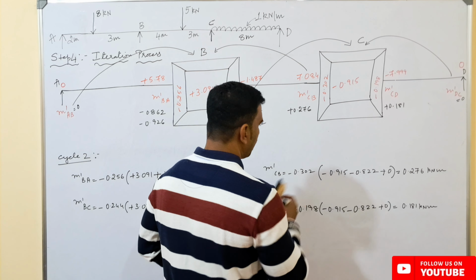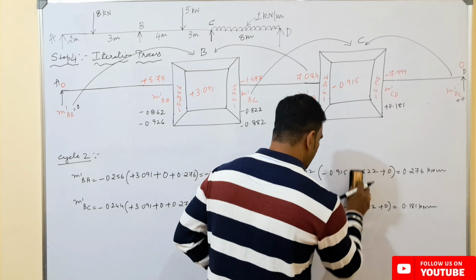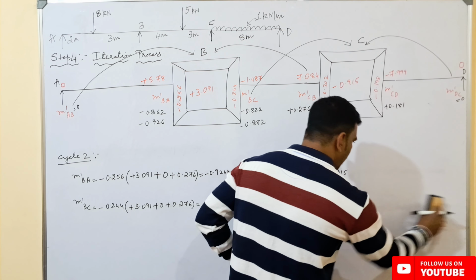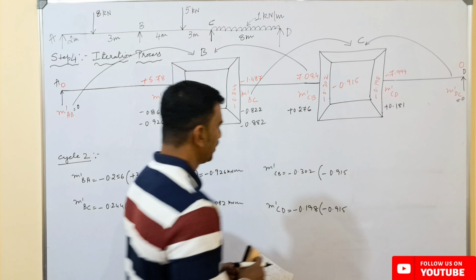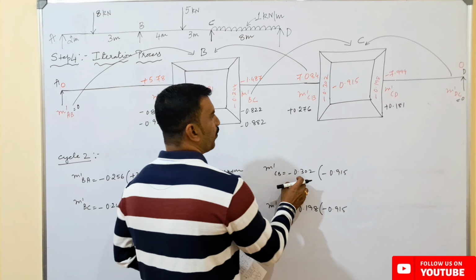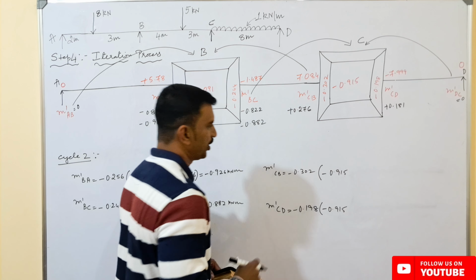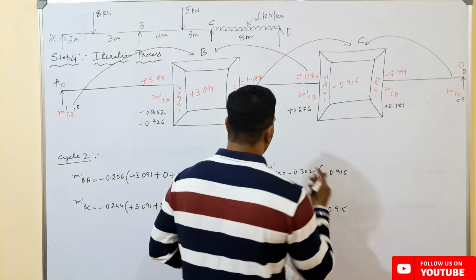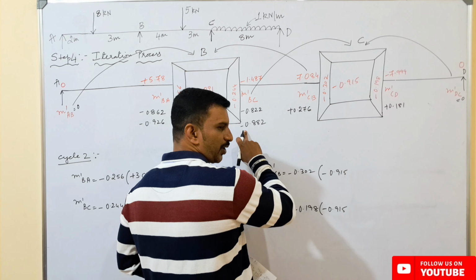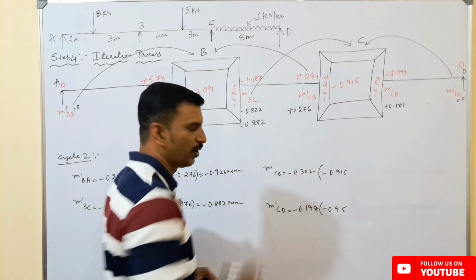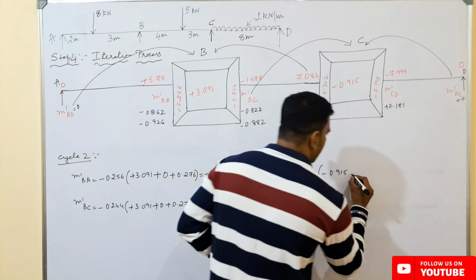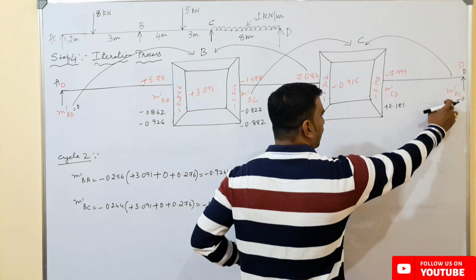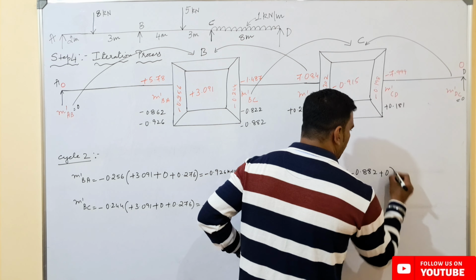If we come to m dash CB, everything remains the same, only the far end rotation contribution keeps on changing. Here the u value we know, which is minus 0.302. The summation of fixed end moment we know, which is minus 0.915, and for the summation of far end rotation contribution we have a new value, which is minus 0.882 plus the far end rotation contribution over here, which is 0 at this point.